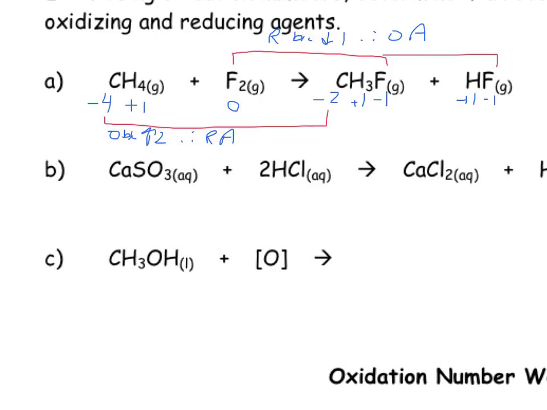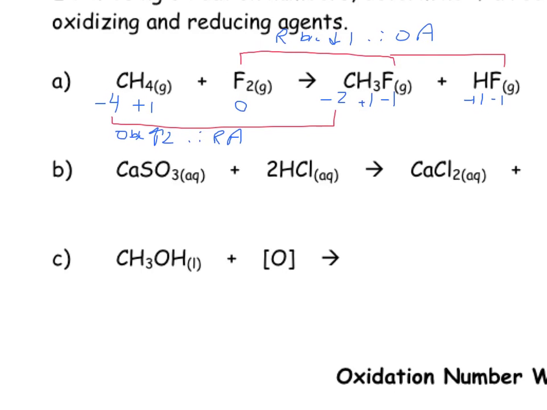Let's look at example B. Because CaSO3 is an ionic compound, there's a couple different strategies that you could use. I always tend to look at the oxygens first. They have to be a -2. Because this is an ionic compound, I have a Ca that's got a 2+, so the calcium must have a +2 oxidation number.